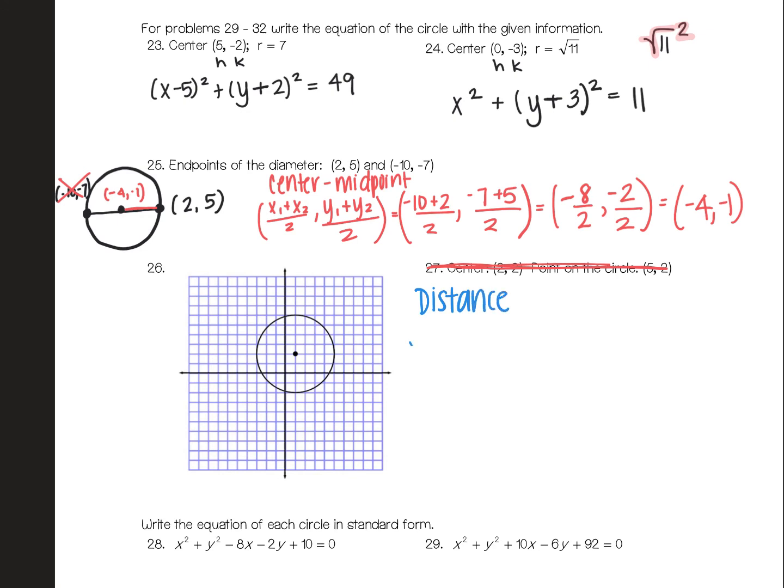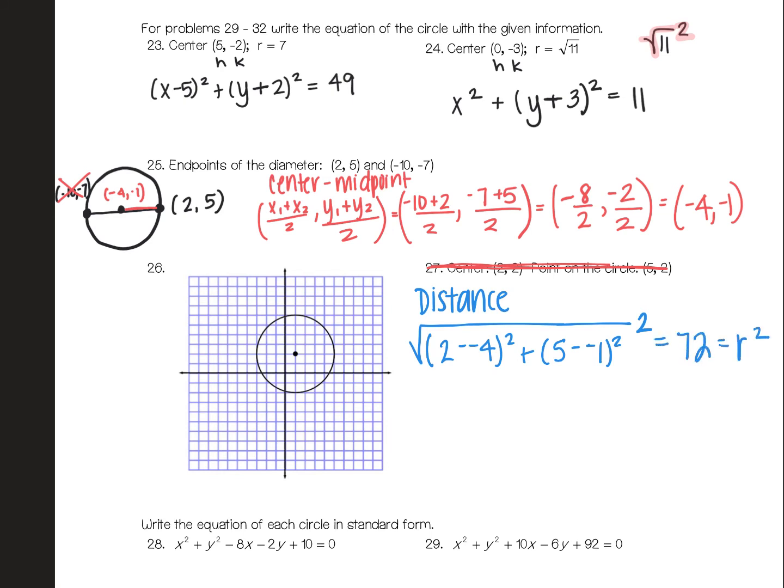You are going to have a big square root, x2 minus x1 squared plus y2 minus y1 squared. Then you can go ahead and square that in Desmos to get r squared, because sometimes it ends up being a pretty gross number. So when I do that, I'm going to get 72 for my r squared.